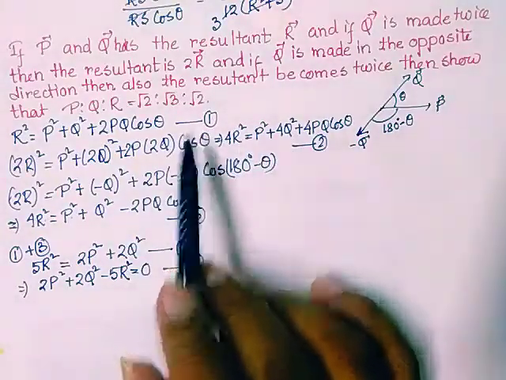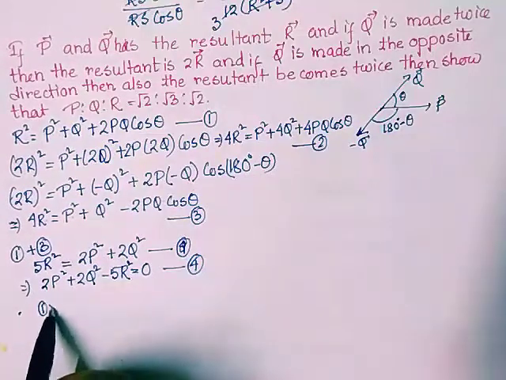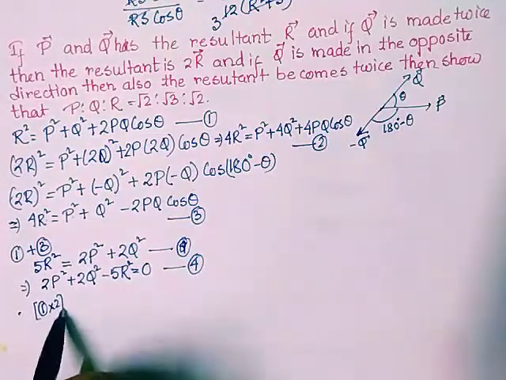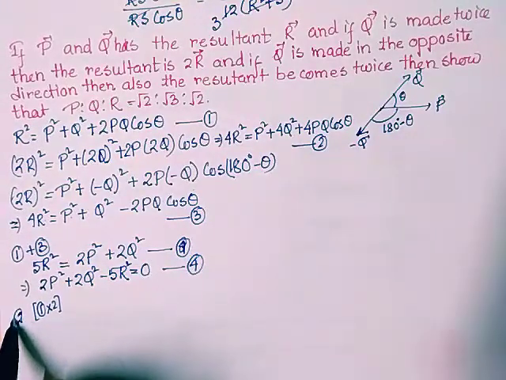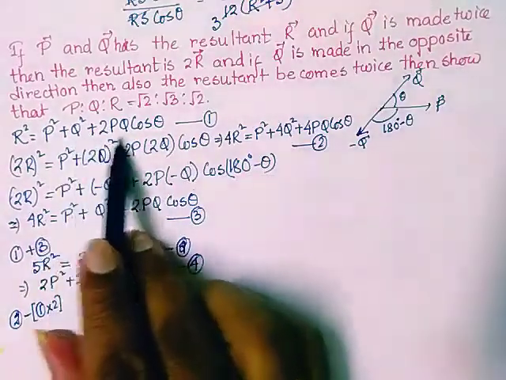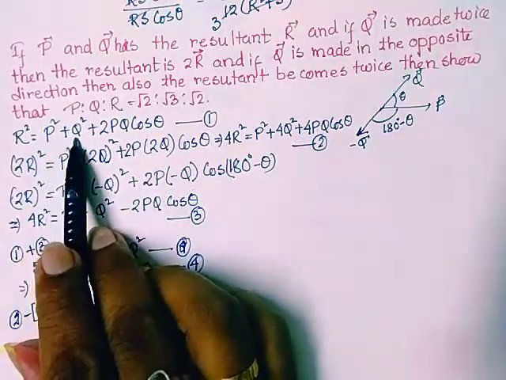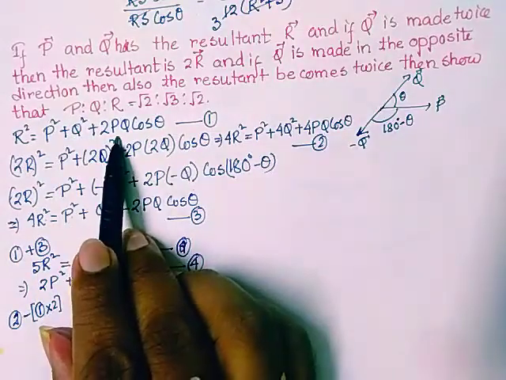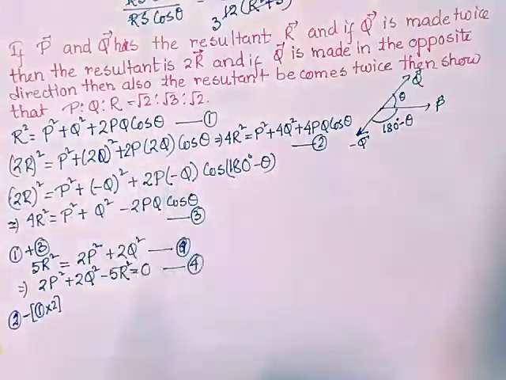So if I multiply equation 1 by 2 and subtract it from equation 2, just see, if I multiply this equation by 2, it will be 2r square, 2p square, 2q square, 4pq cos theta. Here is 4pq cos theta. If I subtract this, then also the cos theta will be eliminated.